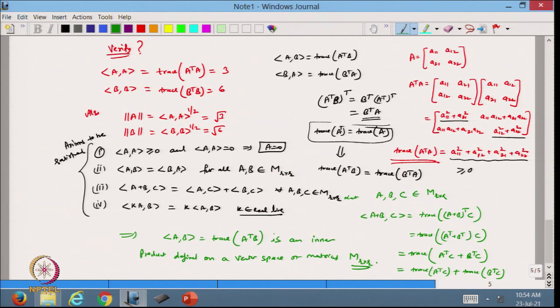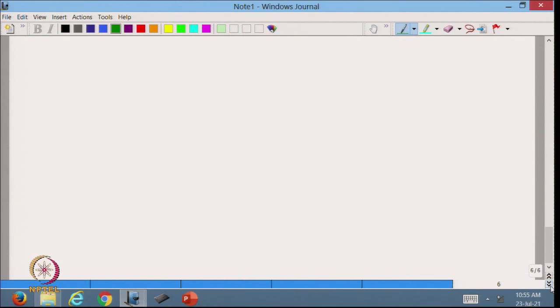Now once we define this inner product on the matrices, then using this inner product we can talk about orthogonality.